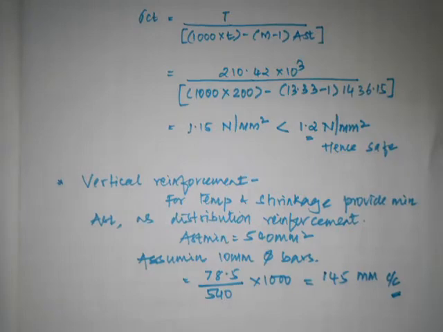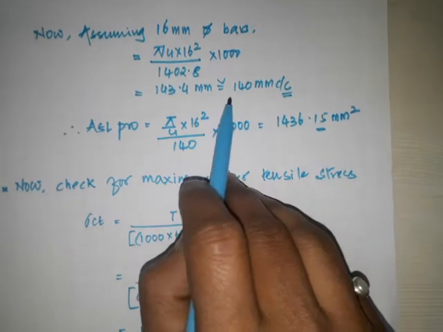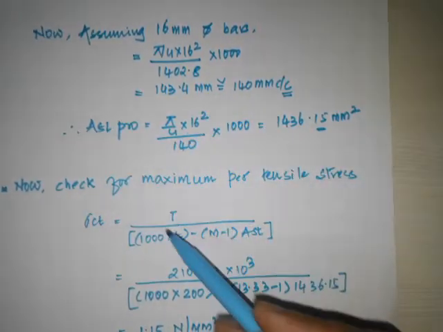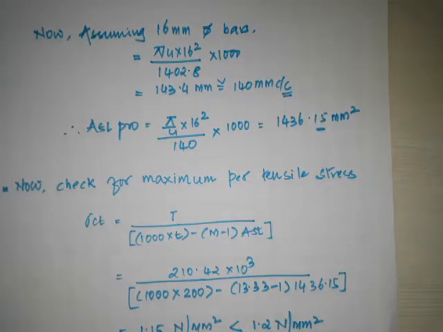So please pay attention here. This reinforcement what you have got, the 10 mm dia at 145 mm center to center, we have to provide in the vertical direction, right? We have to provide vertical bars. And the main bars what you have got, that is the 16 mm dia at 140 mm center to center, we have to provide in the horizontal direction, that is horizontal bars, like a circular ring, because it will resist the hoop tension developed in the concrete or in the walls.